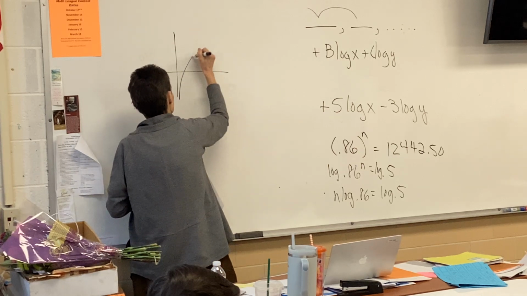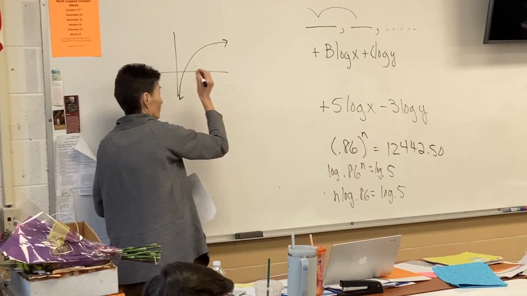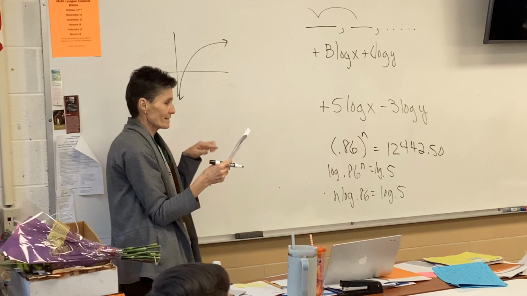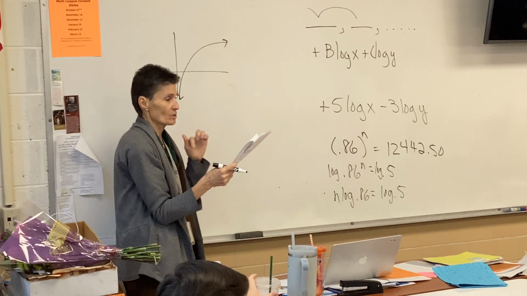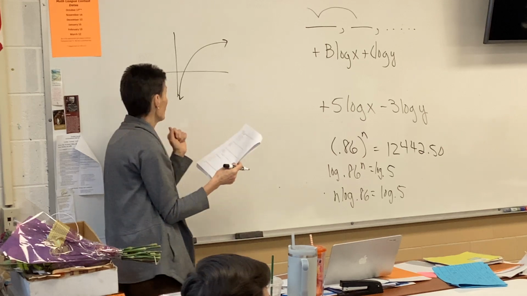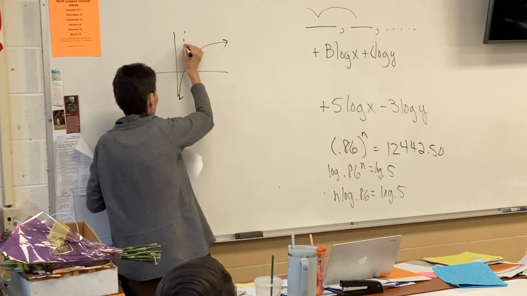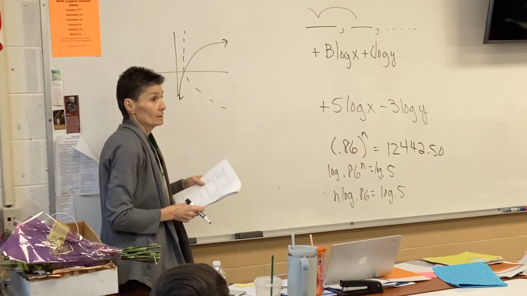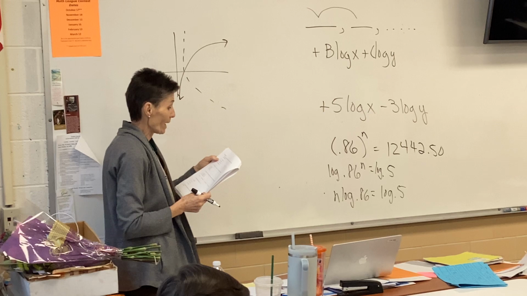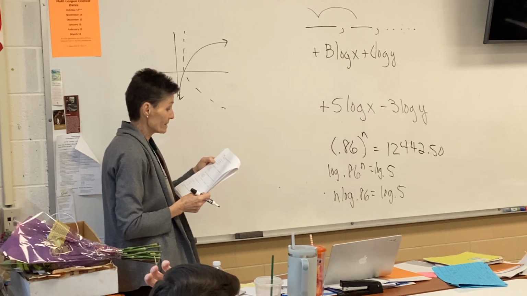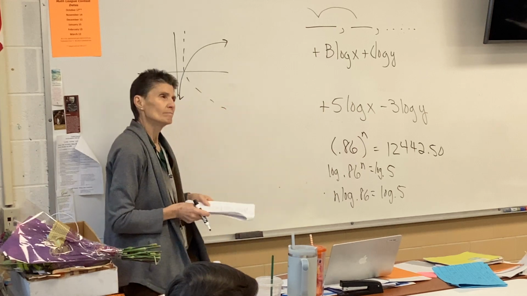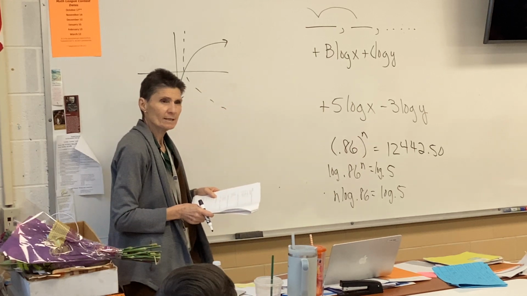And this is what logarithmic functions look like, normally. So what's happened to this one? It's upside down. So it's going this way, right? So automatically, can we throw out B and D? So it's either A or C. Can you tell which one it is?